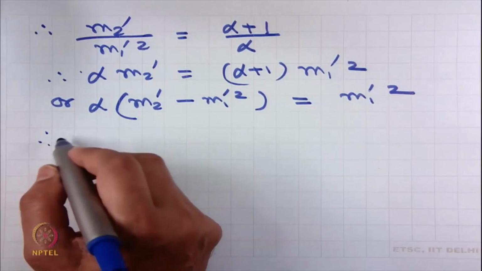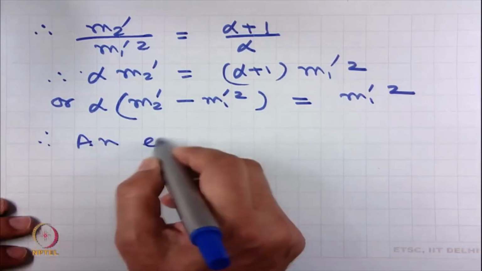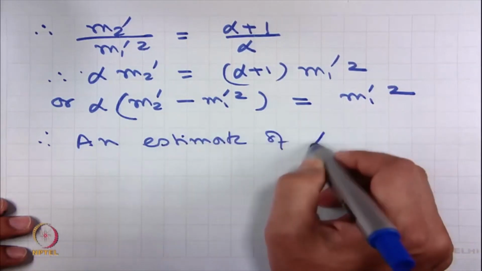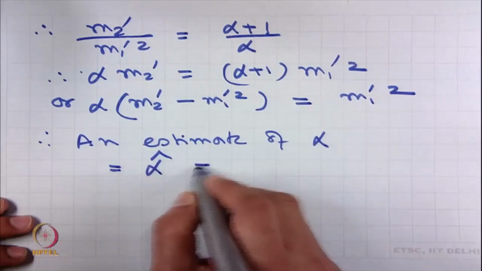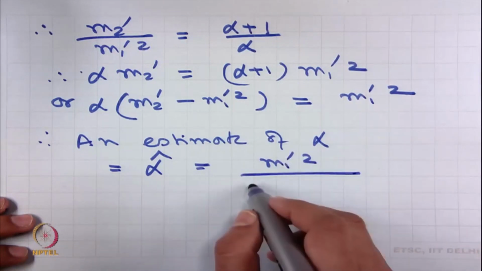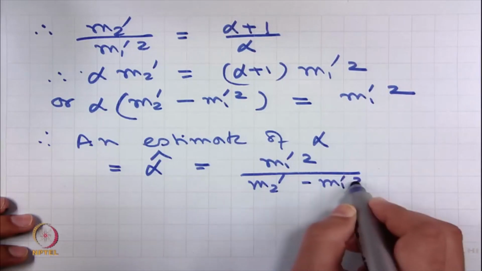Therefore, an estimate of alpha is alpha hat, which is equal to m1'^2 upon (m2' minus m1'^2).